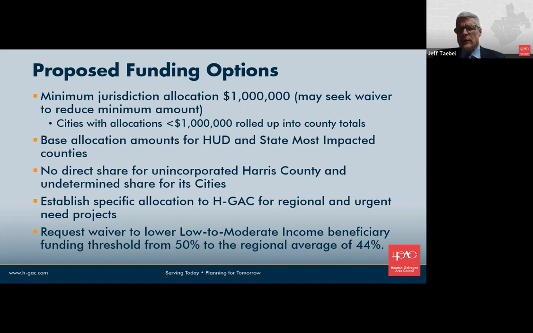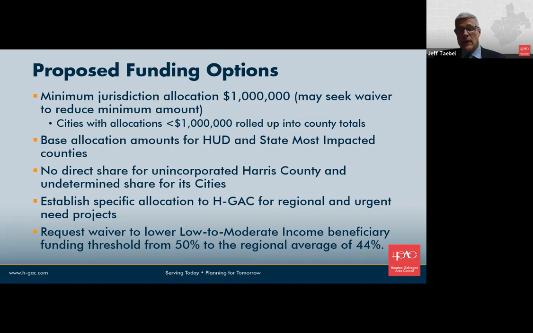I mentioned earlier that Harris County is going to be receiving $750 million to allocate through its own method of distribution. So we are at this time not considering a direct share of this regional funding for the unincorporated areas of Harris County.